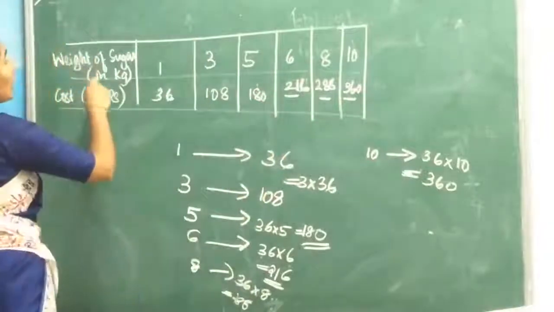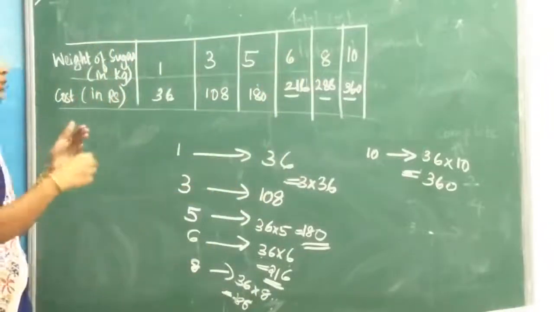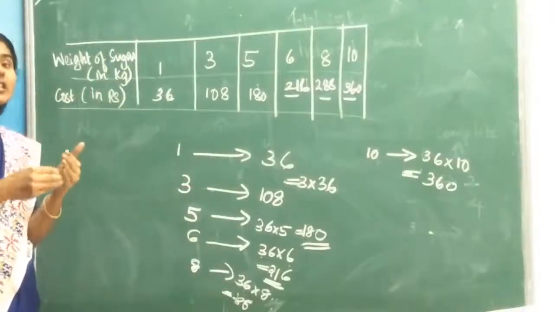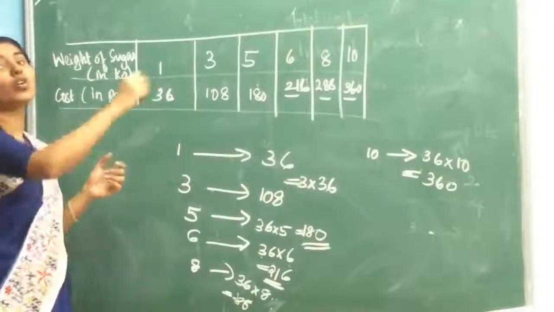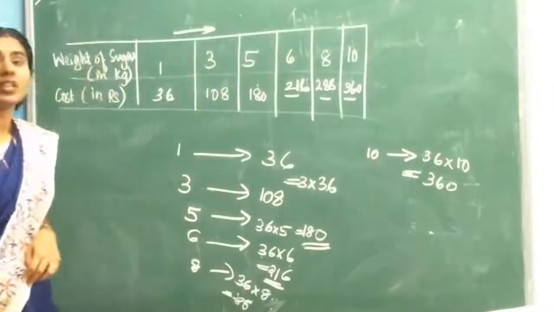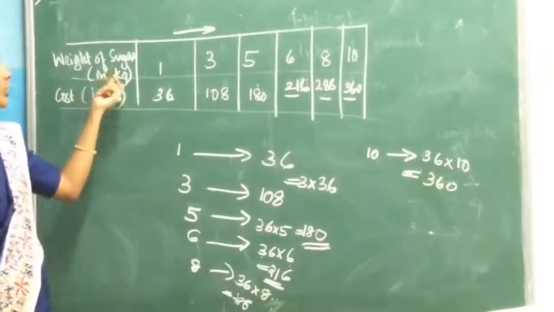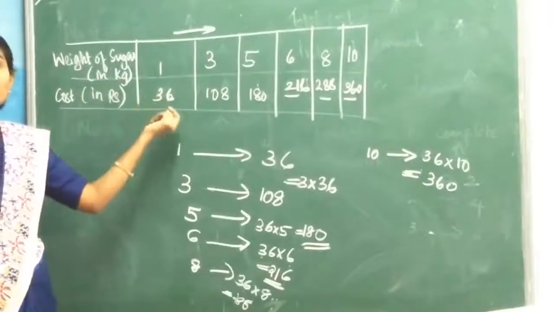Now you see the weight of sugar is increasing, isn't it? First we take the weight 1, then it increases to 3, 5, 6, 8, 10. That means the weight of sugar is increasing. When you increase the weight of sugar, what happens to the cost?